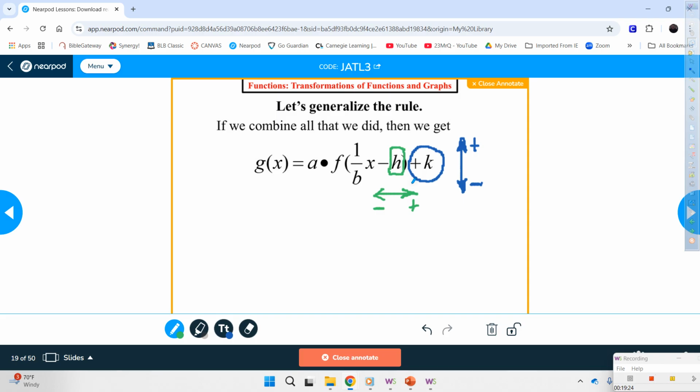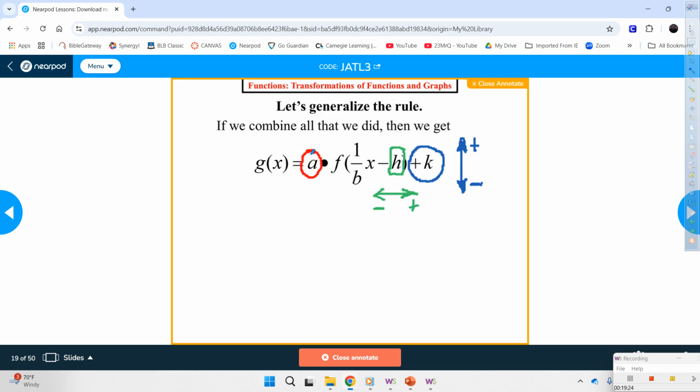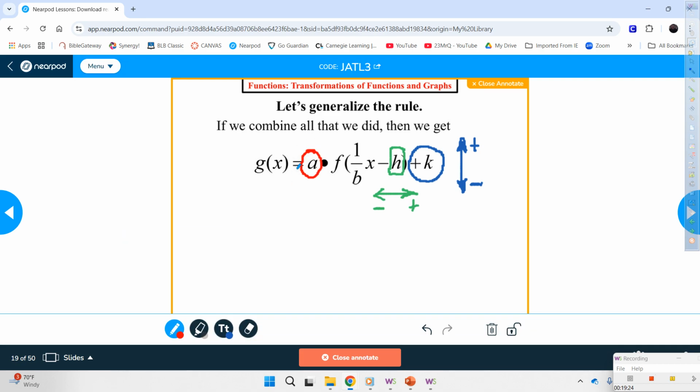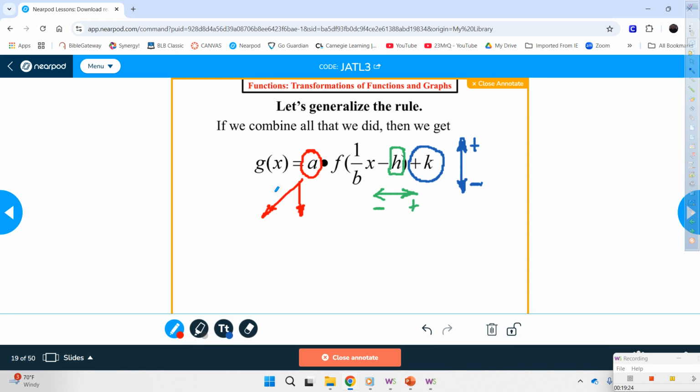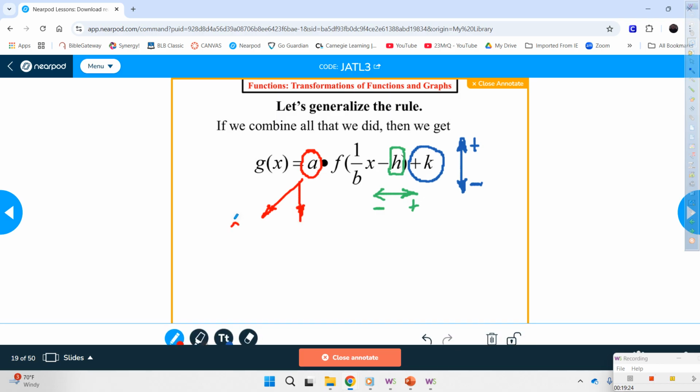All right. Next, with red, a. Remind your neighbor what a does to the entire function. What does a do? Maydim, what does a do to the entire function? Compresses, that's one.